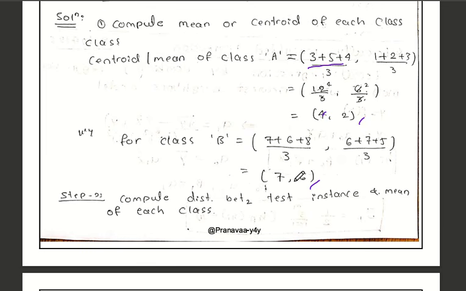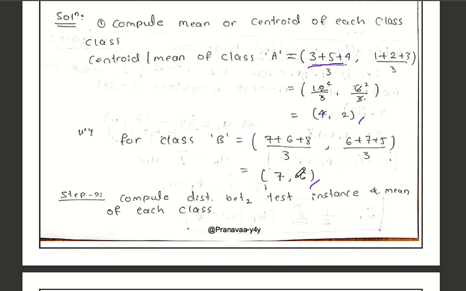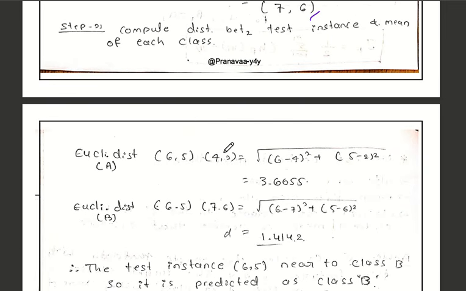Once you have got these two values, the centroid means of class A and B, you need to compute the distance between instances.